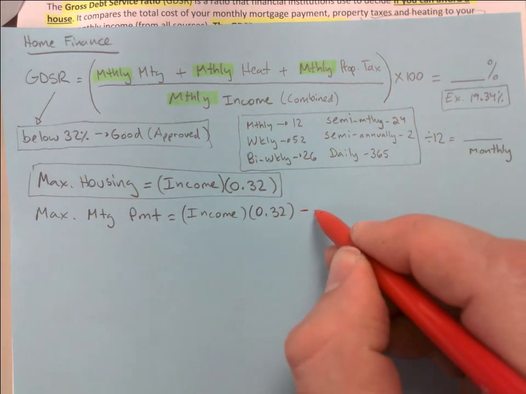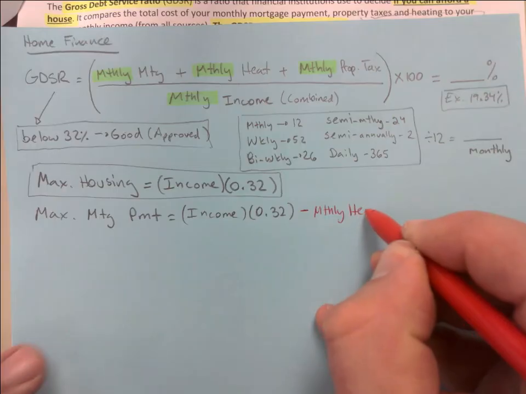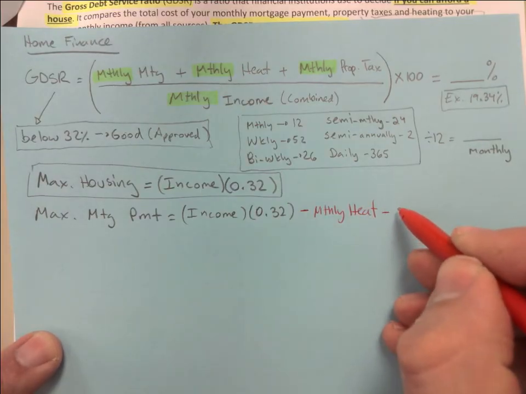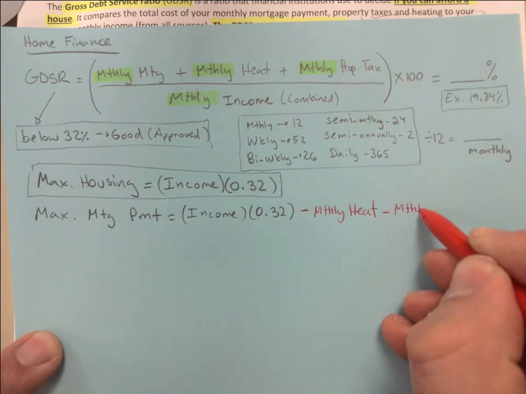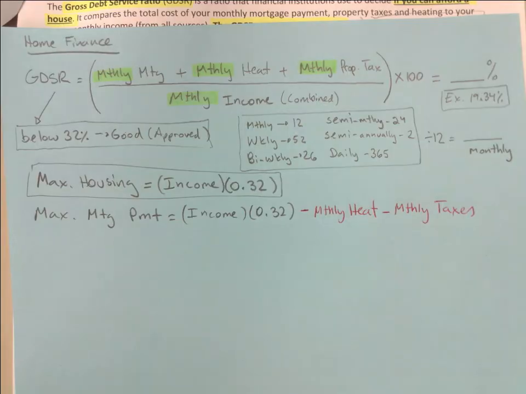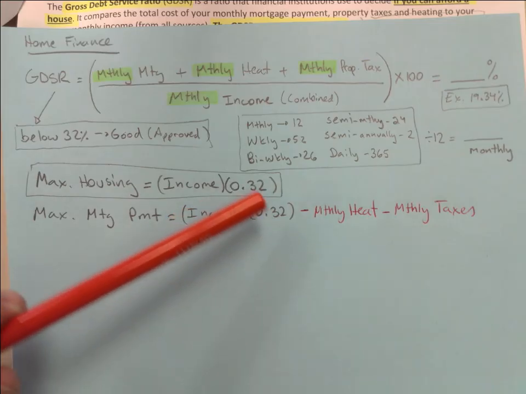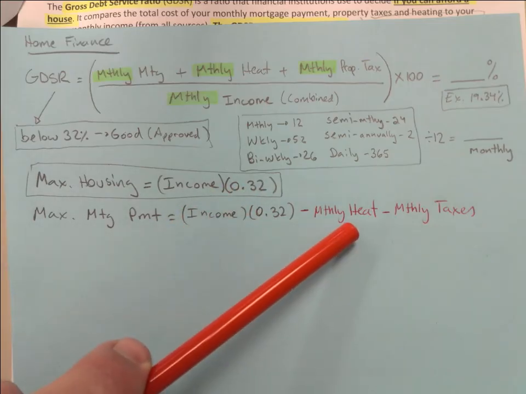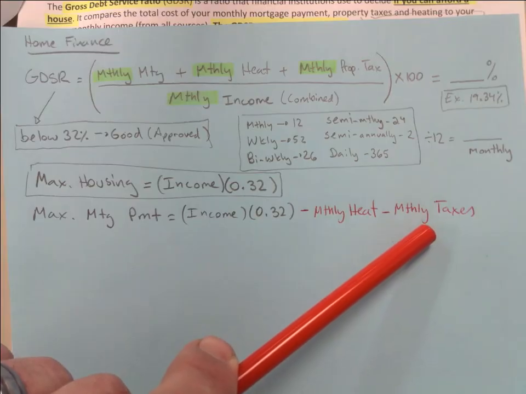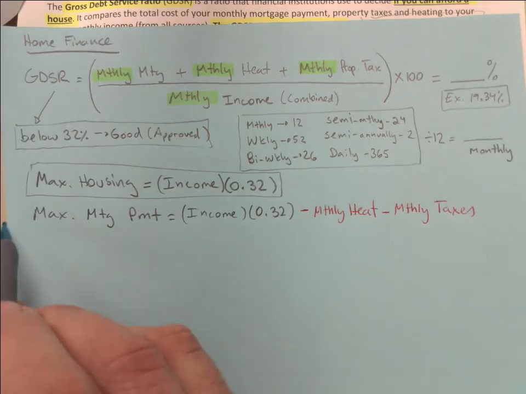One of them is your monthly heat, and the other one is your monthly taxes. These are related in a sense that you figure out the maximum monthly on housing, you subtract the other two components of housing, and then you're left with the mortgage payment alone.